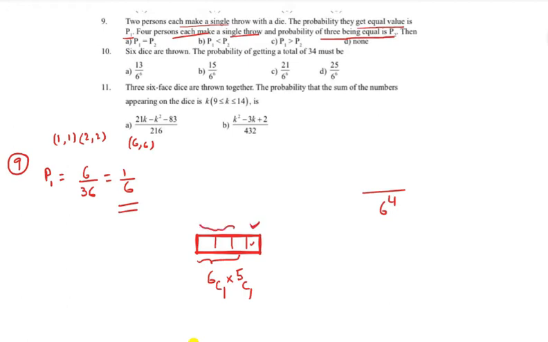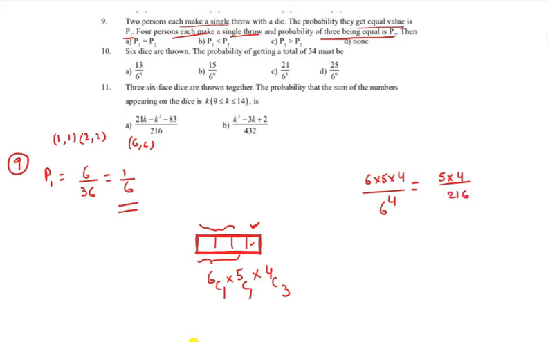Why only this person has to get the different one? Any other person may also get the different one. That's why from 4 persons, 3 can be selected in 4C3 ways. So we are getting 6 into 5 into 4C3, whose value is equal to 4. Now after simplification we are getting 5 into 4 divided by 216, right?